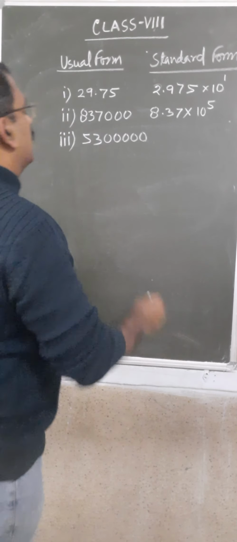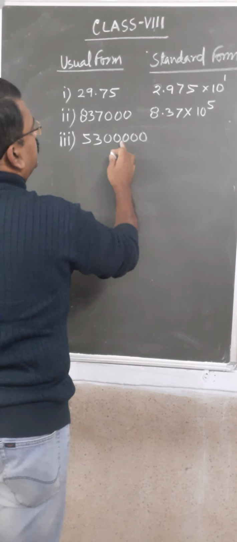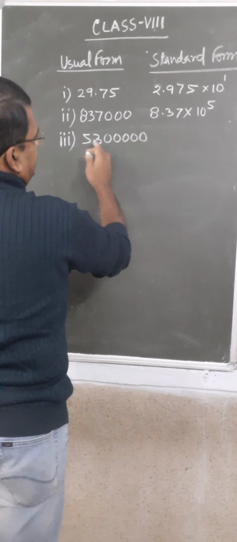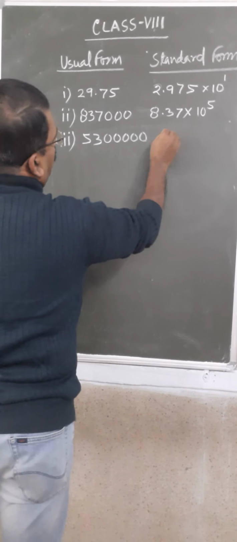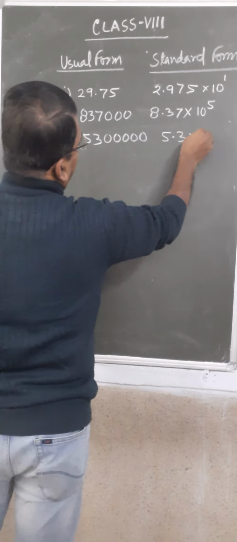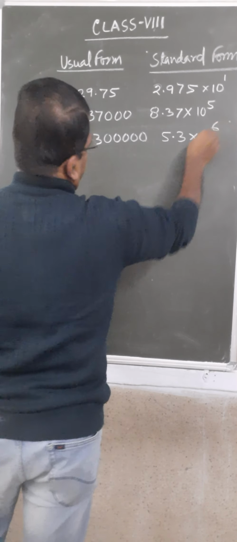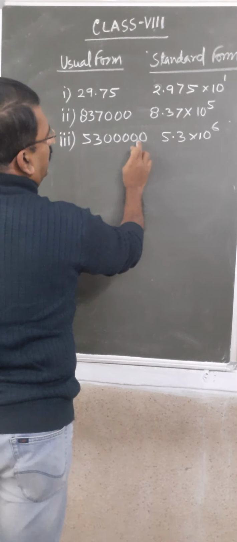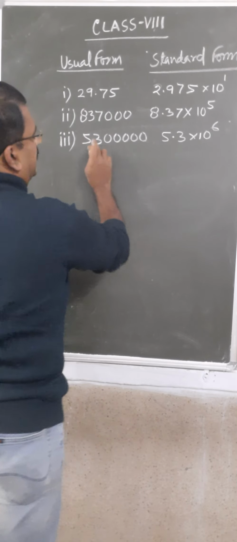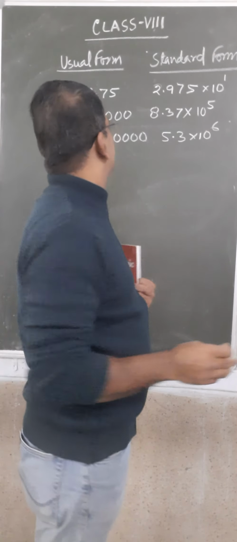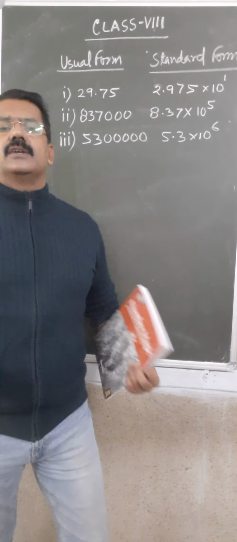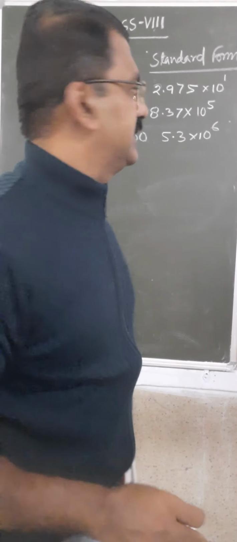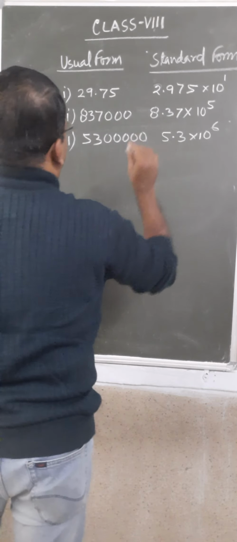Now you count 1, 2, 3, 4, 5, 6. So it will be 5.3 into 10 to the power 6, because right now you can see the decimal is here. So 1, 2, 3, 4, 5, 6. We have shifted the decimal 6 places towards the left, so the power is 10 to the power 6. Okay, that is in the standard form.